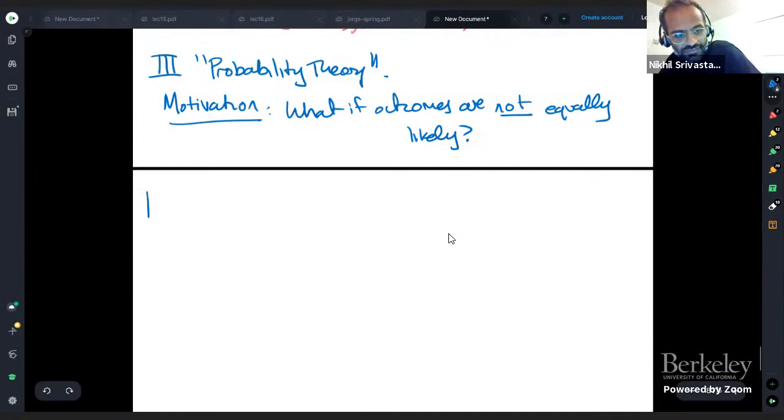So the definition. The concepts of experiment and sample space and event are still relevant.